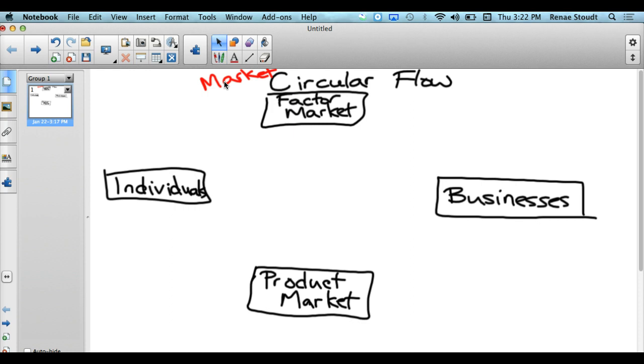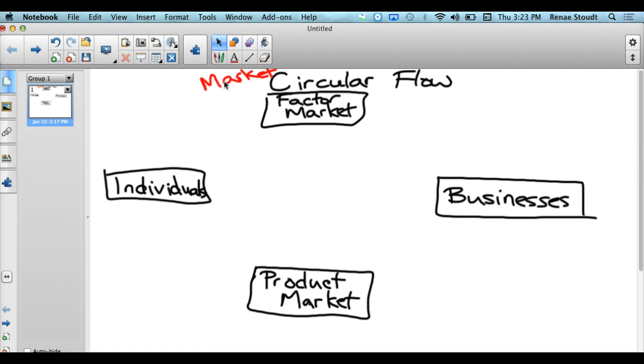When we start with this, we're assuming this is talking about a market economy. If you remember when we talked about market economies, capitalism is a common characteristic of a market economy. So when we look at this, we're assuming this includes capitalism. And capitalism is when the individuals own the factors of production.